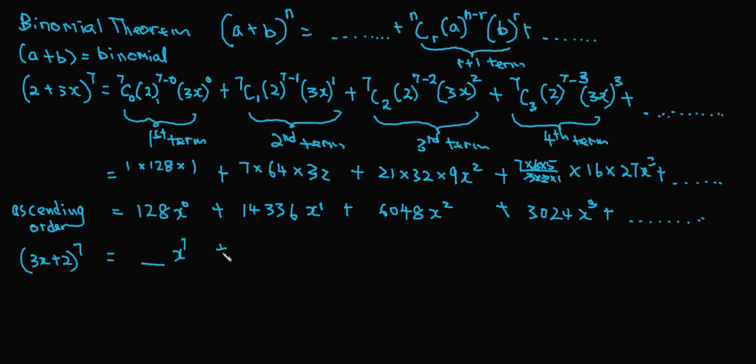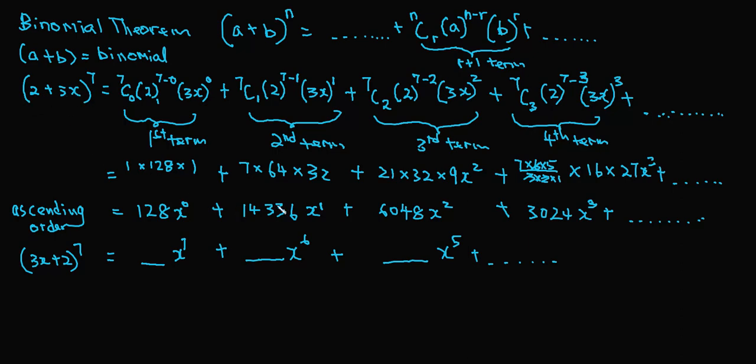The second term will be another coefficient times x to the power 6, plus whatever coefficient times x to the power 5, all the way. Now there won't be any difference if you compare this system with the other, because they are actually the same, except you just reverse the a and the b.